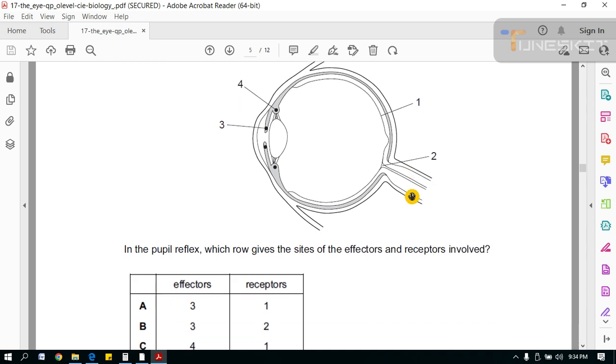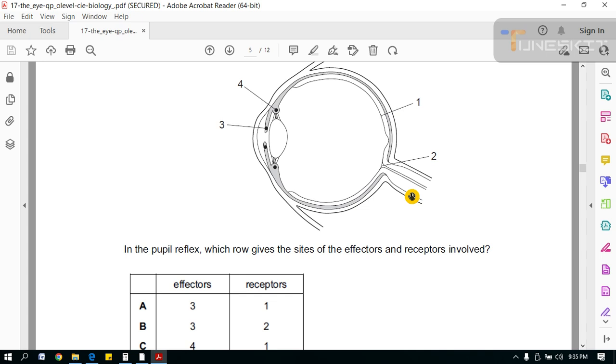So now you have to find out which one is the effector and which one is the receptor. The receptor is very simple, because photoreceptors, rod and cone cells, are present in the retina. So 1, the retina, is the receptor.